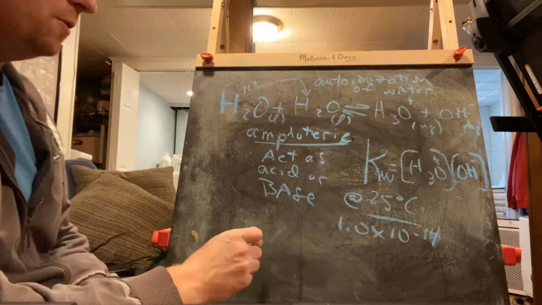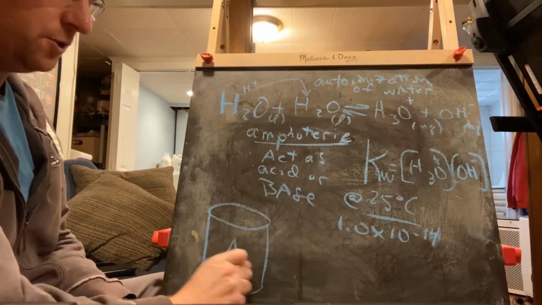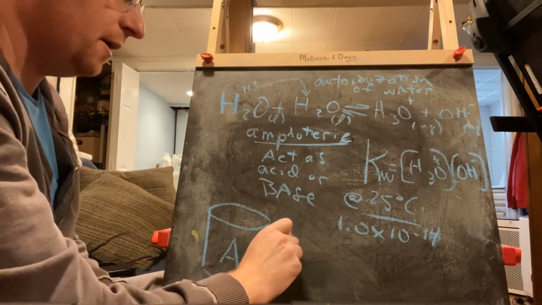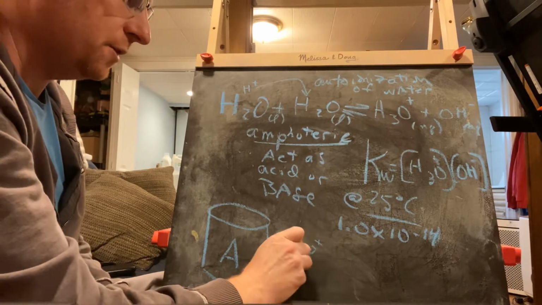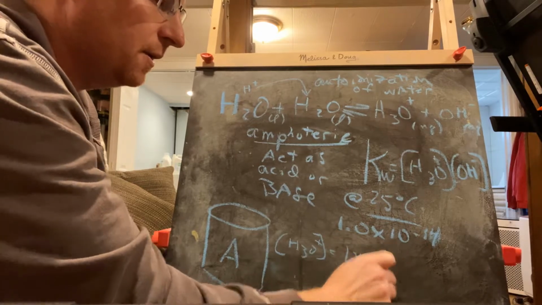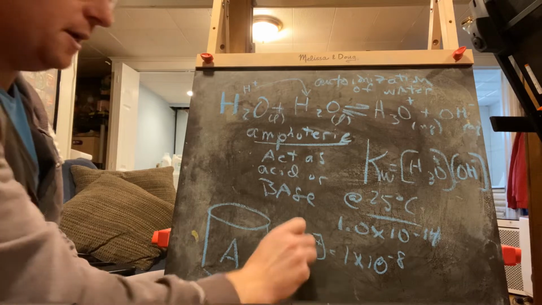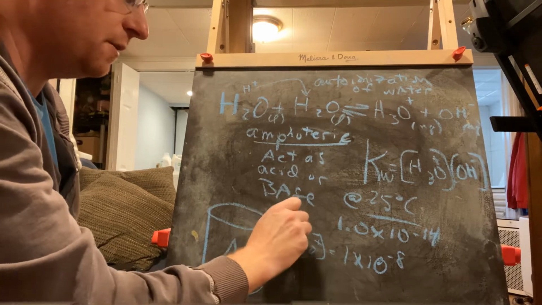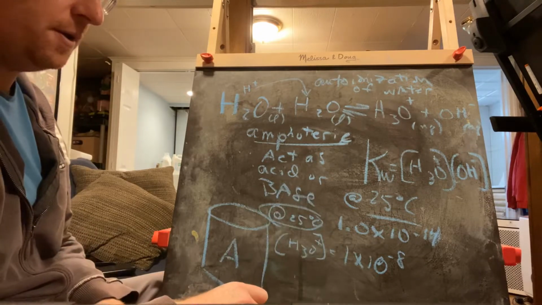So if I told you, oh, well, I have a solution over here, let's call it solution A, and solution A has an H3O+ concentration of 1 times 10 to the negative 8th, and I say this is at 25 degrees, can I solve for the OH-?